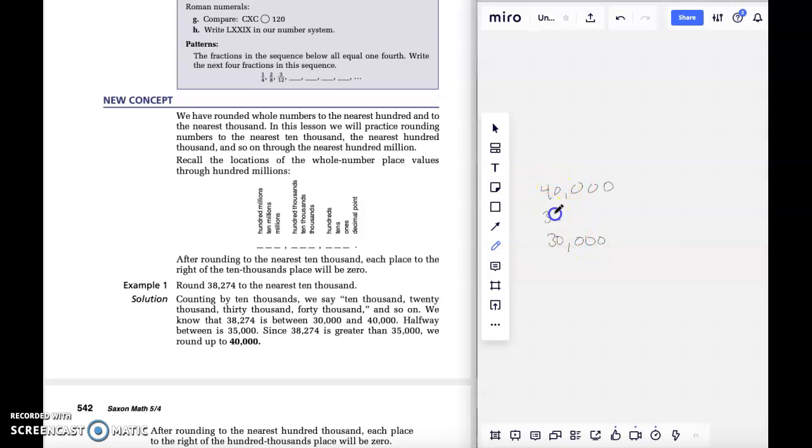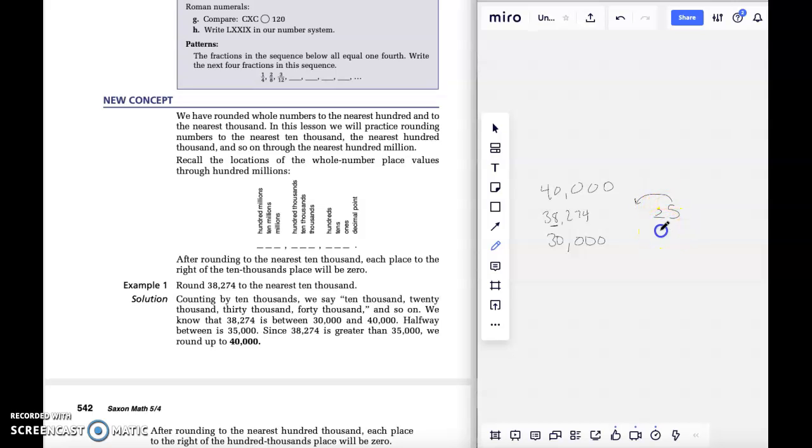When we look at the number 38,274, we're going to look at this digit right here, our thousands, and we're going to ask ourselves, is it 5 or above? So greater than or equal to 5? If it is, we're going to round the digit to its left up by 1.